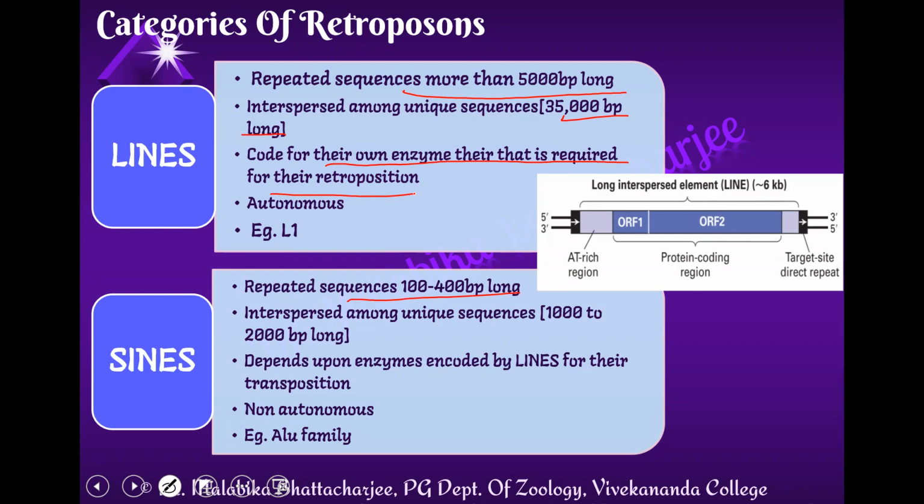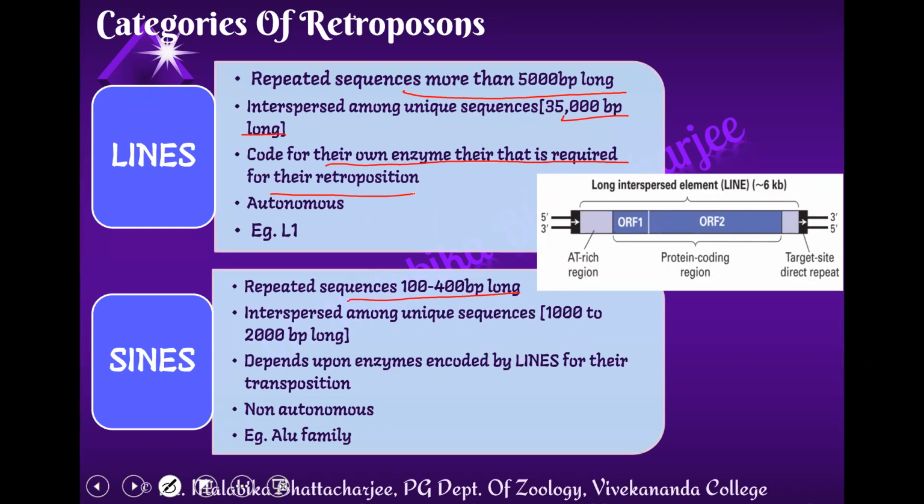LINE sequences are present at roughly 9 lakh sites in the human genome, which accounts for almost 21% of total human DNA. So we have these LINE sequences very often present in our genome, which adds to the bulk size of the DNA.